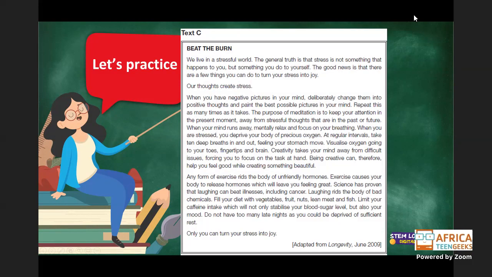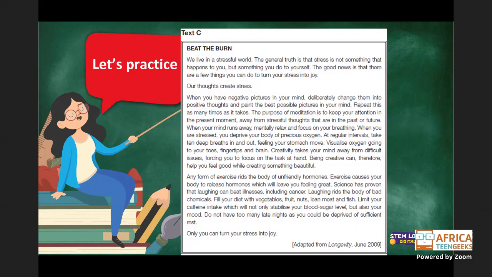Okay, so have we identified any points there that we can include in our summary? Okay, I'll give you a bit of time. So anyone who would like to share the key points that they have identified in the text before I reveal them?